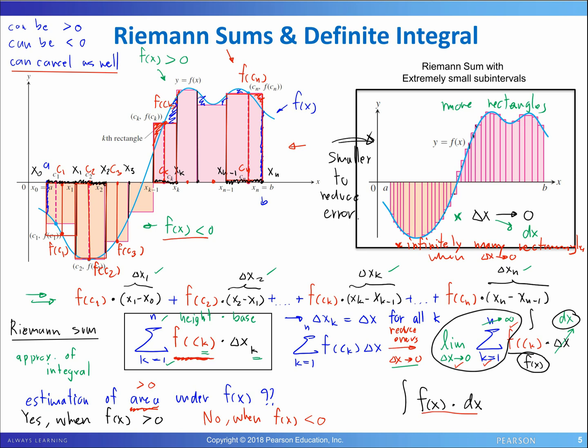And don't forget that this integration starts at x equal to a and ends at x equal to b. Let's make a box around this. What you just saw right here is the derivation of the definite integral. Make a note. This one, definite integral. And it actually came from the Riemann sum, except that it's the improved version of that. Now let's move on to the next slide.